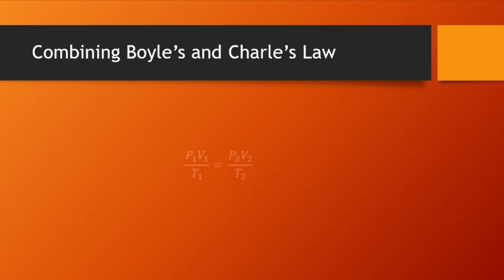We have this dimensional form in terms of processes of these gases. We have P1 V1 over T1 is equals to P2 V2 over T2.